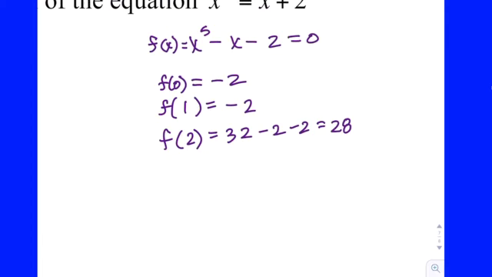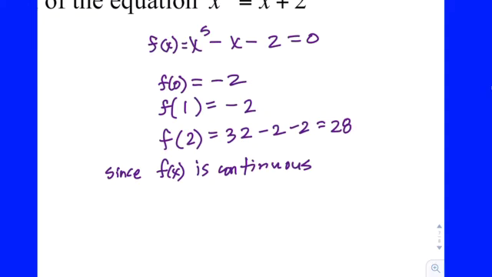So here's what I'm going to say. Now that I showed my calculations, I'm going to say since f of x is continuous. Now you could say continuous for all real numbers because it is, and that'll include any closed interval in the whole wide world. But when you're using the IVT, you want to speak specifically to the theorem.